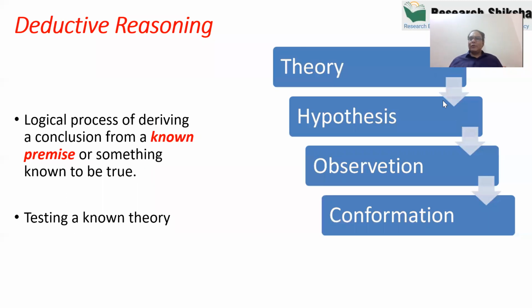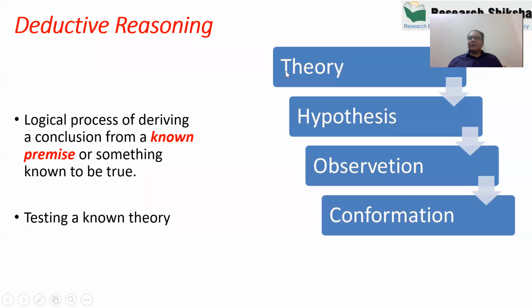So in deductive approach, you identify the theory which can help you in solving the problem, right? For example, if you want to see the behavior of online education, whether people are adopting it or not, you can start with a theory. Like, there is a theory called TAM theory, technology acceptance model.